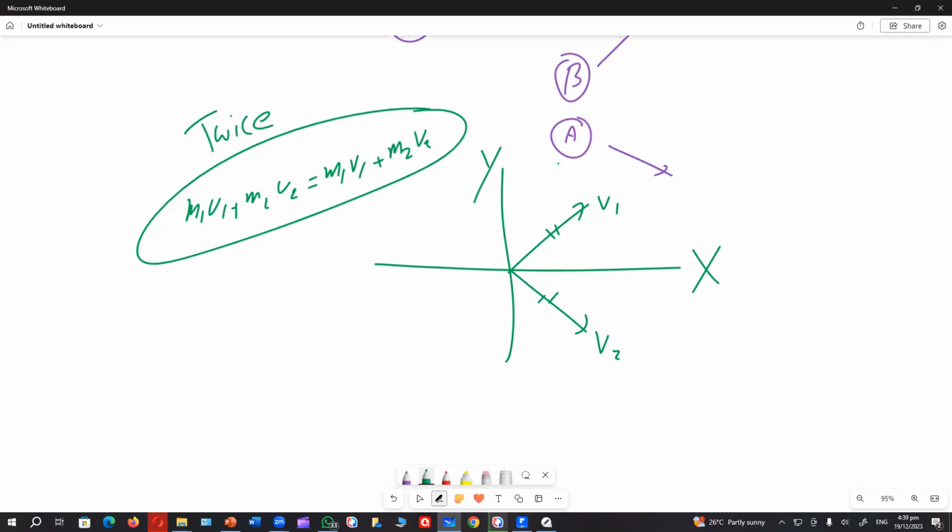This is the main difference, and that is why this topic becomes difficult, because this is not solved by one equation. This is actually solved by two equations.